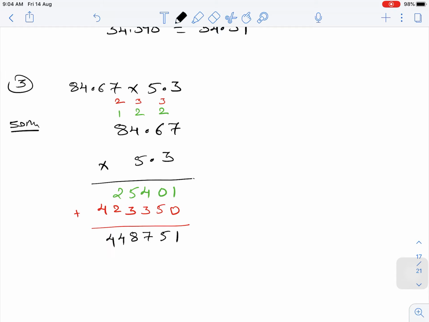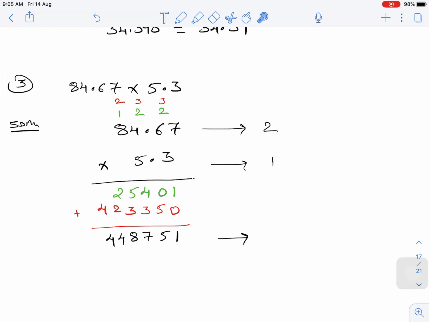Now we have to balance the decimals. Look at this number. What is its decimal place? After the decimal there are 2 digits, so we will write its decimal place as 2. Then what is the decimal place of the other? 1.